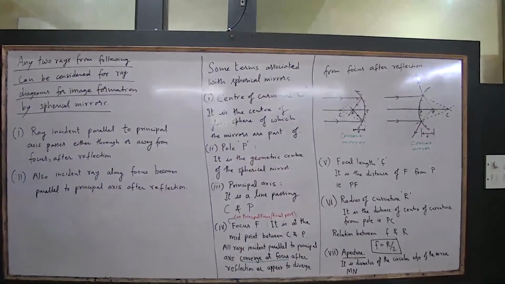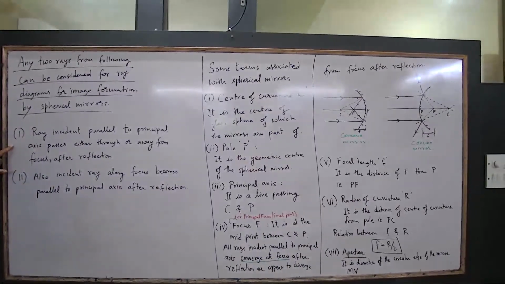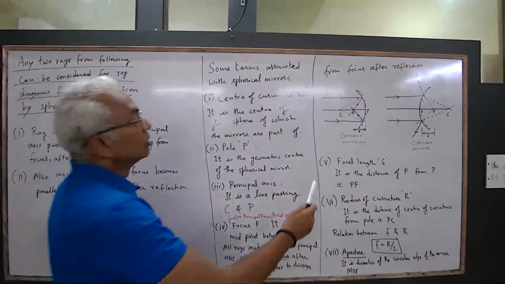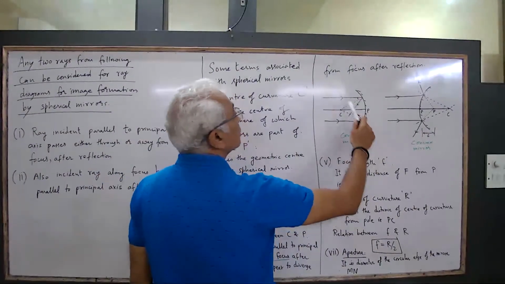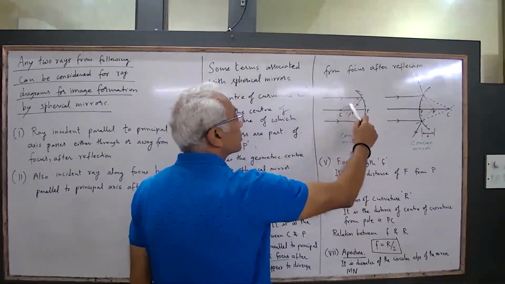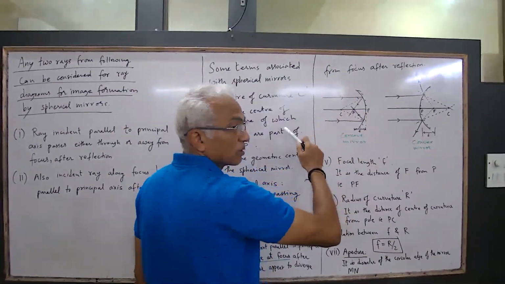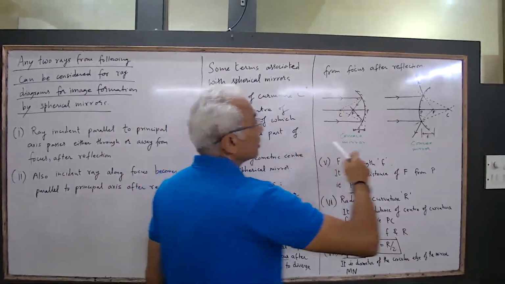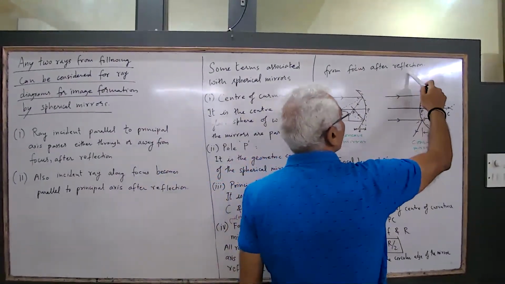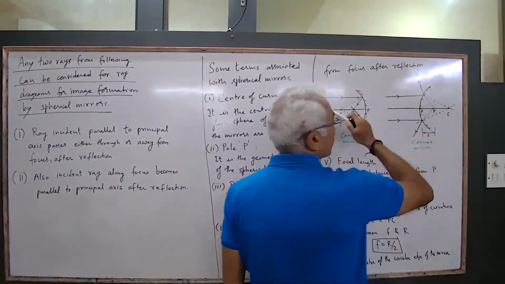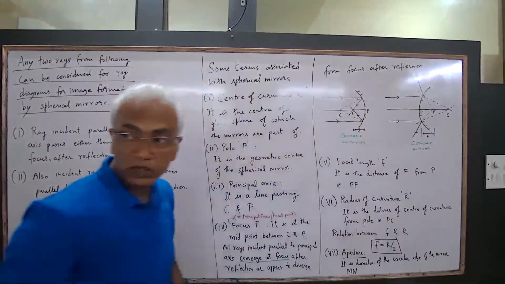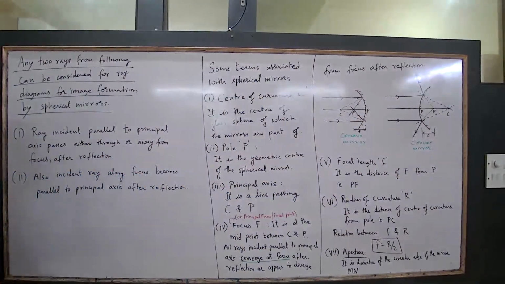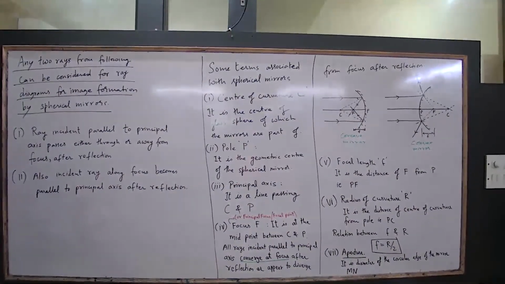Correct? So this is the opposite of first. If the ray was incident like this along the focus, it will become parallel. Same thing, just the direction changes. Here also, if the ray was incident along focus, after reflection it will go parallel to principal axis. So the second point is opposite of first. Nothing different.